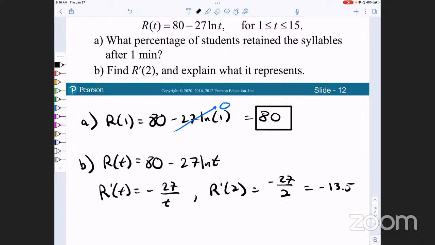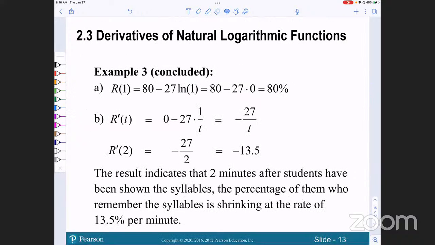After 2 minutes, they remember 13.5% less information. Okay, I think that's what that means. Let's see. Let's paste. For A, we got 80%. You see it here. For B, negative 13.5.